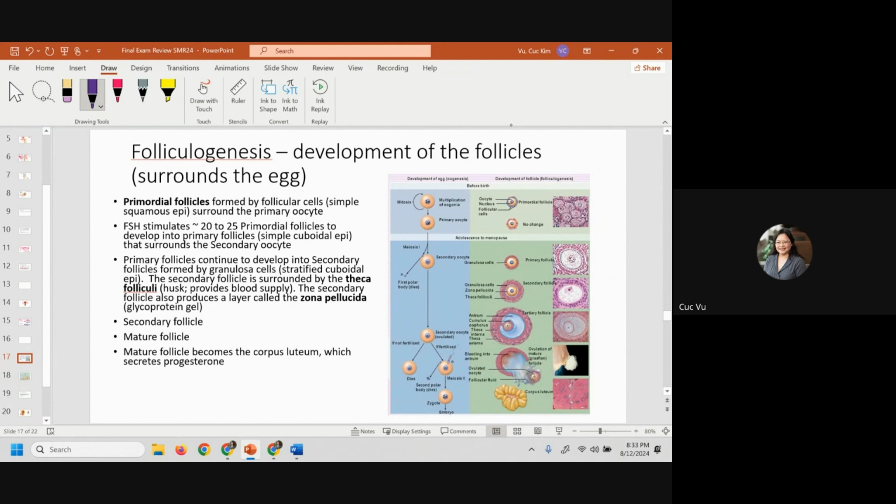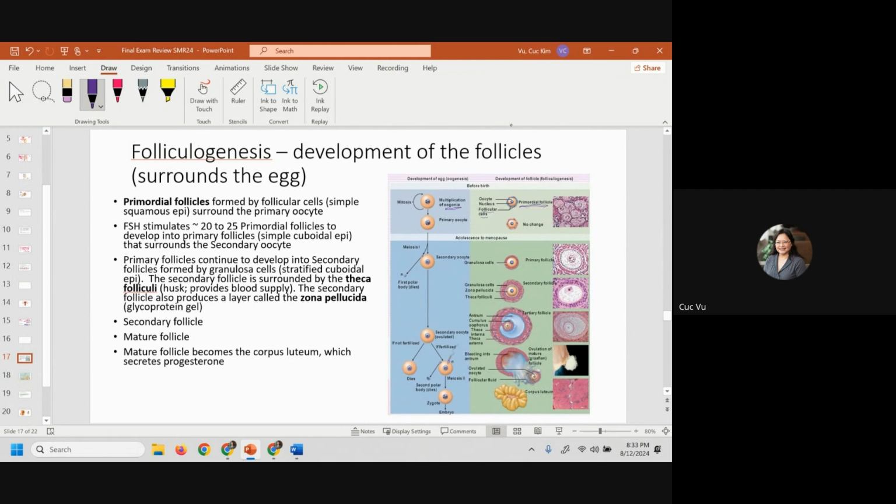Okay? Now, starting with the oogonia, what surrounds the oogonia is what's referred to as the primordial follicle. The primordial follicle consists of follicular cells that surround the ova.